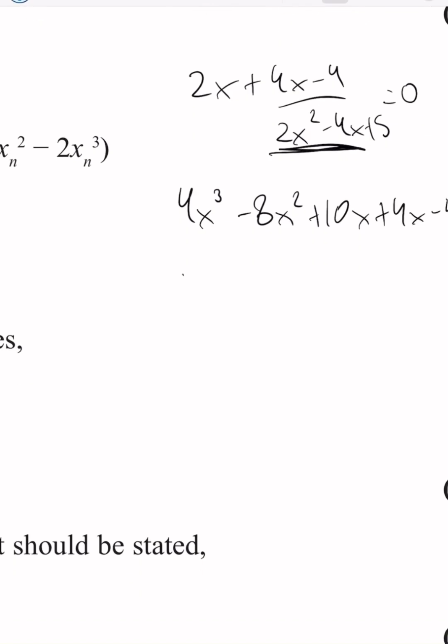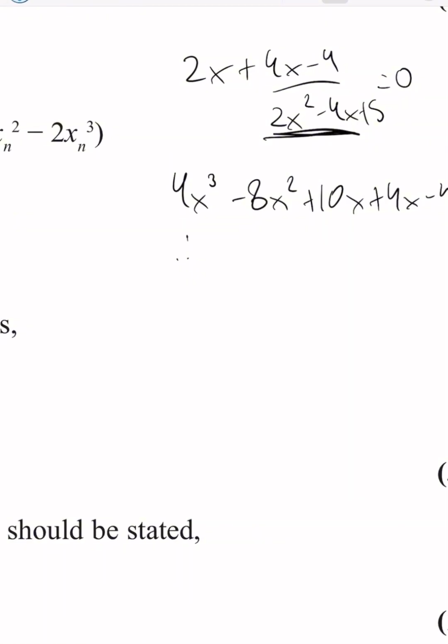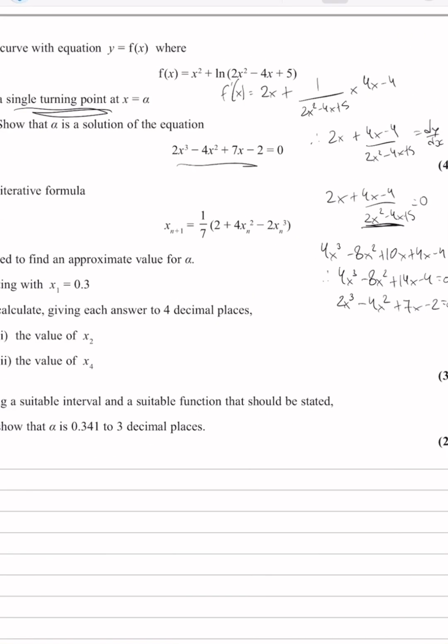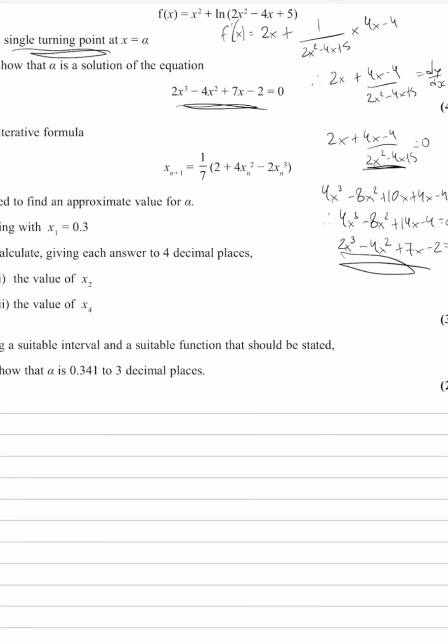Then you can simplify that, which would be 4x cubed minus x squared plus 14x minus 4. Then dividing it by 2, as it's a common factor, you can just take out 2. That will give us 2x cubed minus 4x squared plus 7x minus 2, which is the same as the one given.